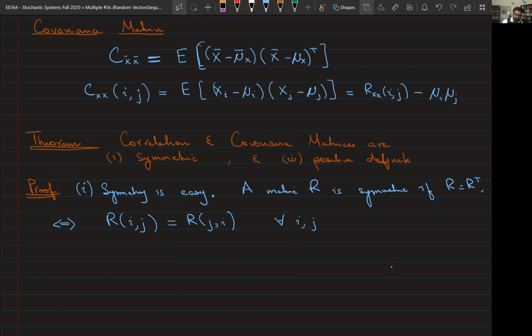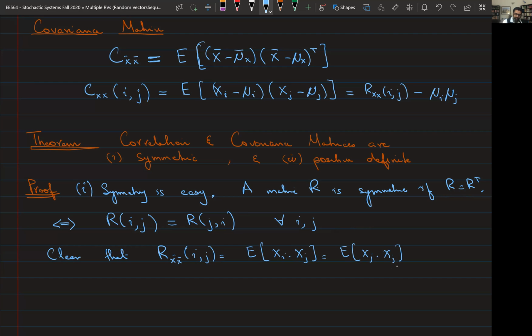So it should be clear that R_XX(i,j) is, by definition, the expected value of x_i times x_j. But since multiplication is commutative, this is the expected value of x_j times x_i.